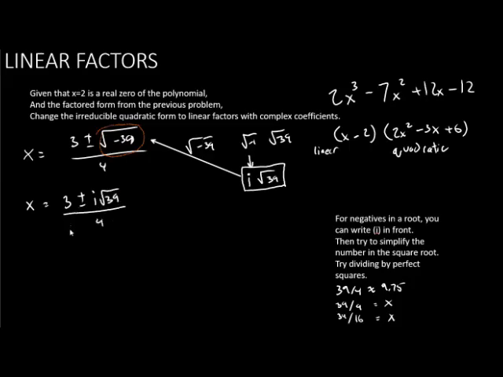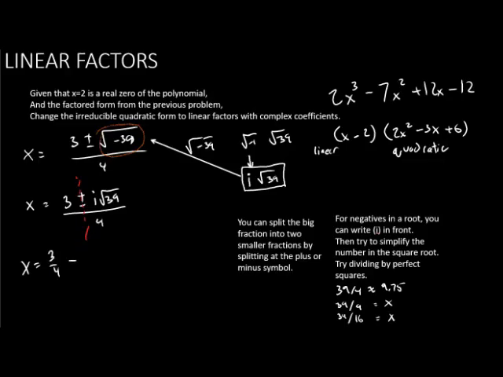To simplify a little further, we can split this big fraction into 2 smaller fractions. We're going to split it at the plus or minus symbol. So rather than writing 3 plus or minus i root 39 all over 4, we can write x is equal to 3/4 plus or minus i root 39 over 4.